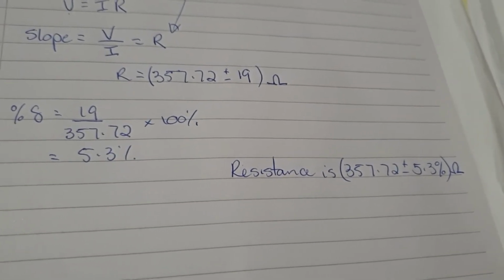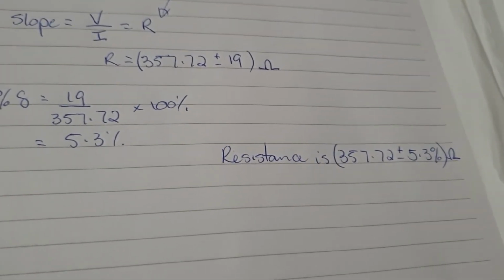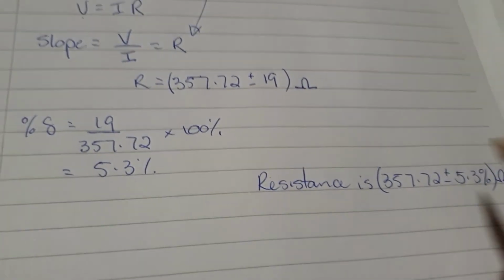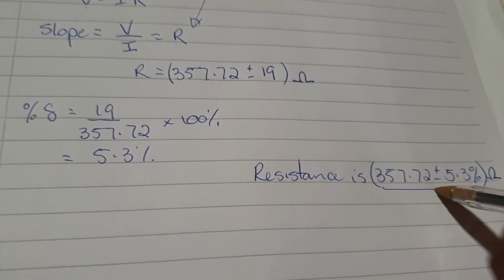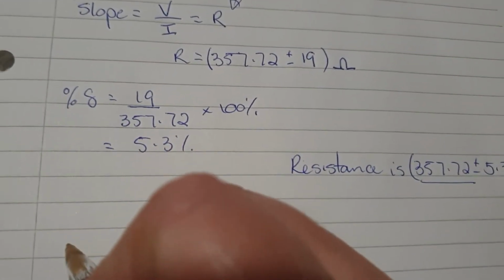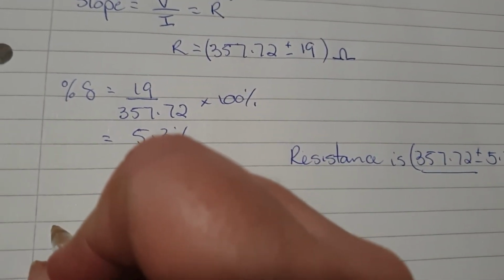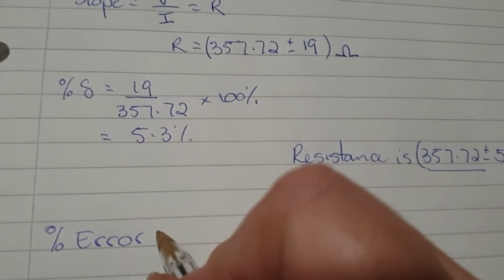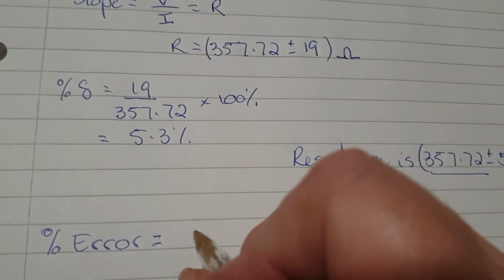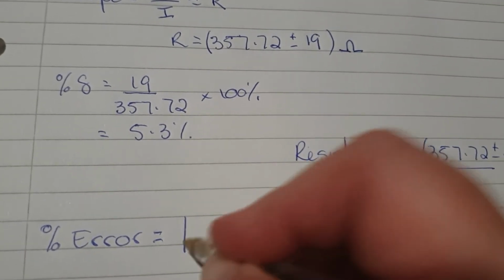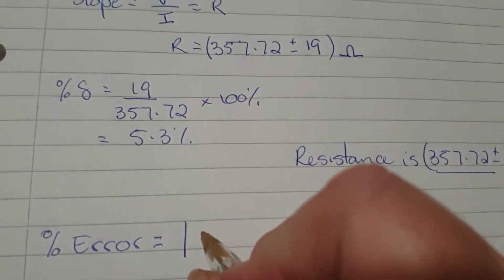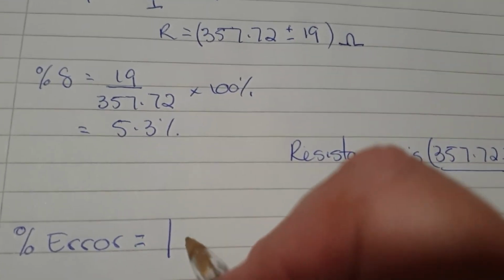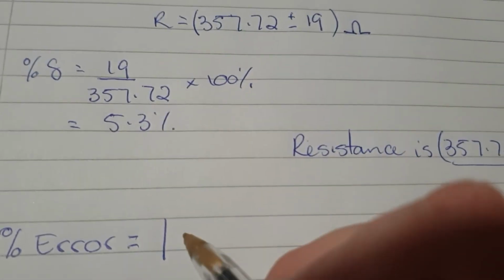Calculate the percentage error if the resistor was marked at 400. So the resistor was marked as 400, and the value the experiment established is our experimental value. That's called the percentage error. For that, we need the absolute value of the difference, and it doesn't matter if you go accepted minus experimental or the other way around. Don't bother trying. It's just the difference between the two.